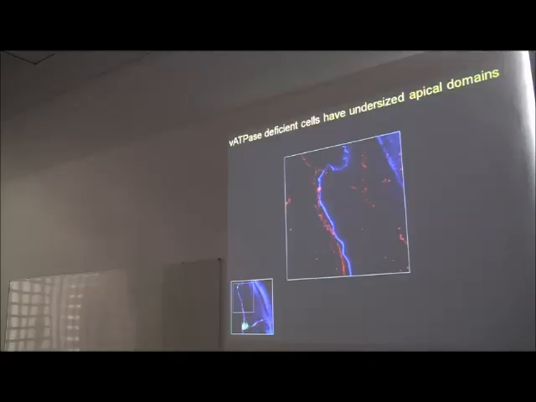So what is this marking again? Sorry, red is the adherens cadherin. Cadherin. And blue is just an autofluorescent component of the luminal matrix.